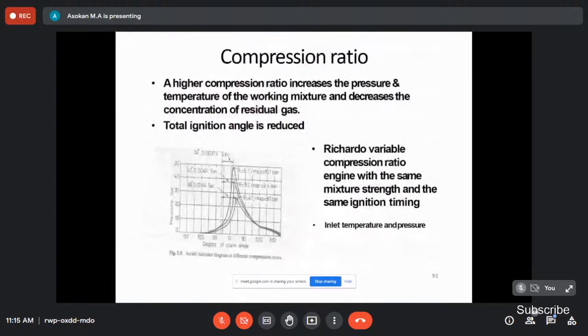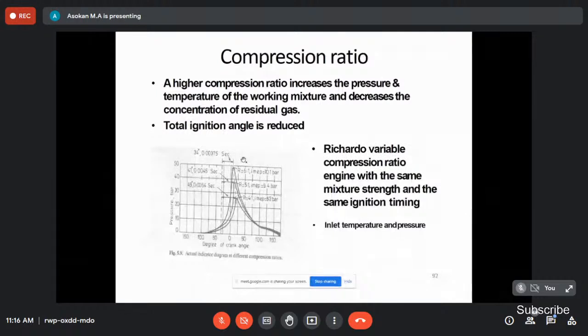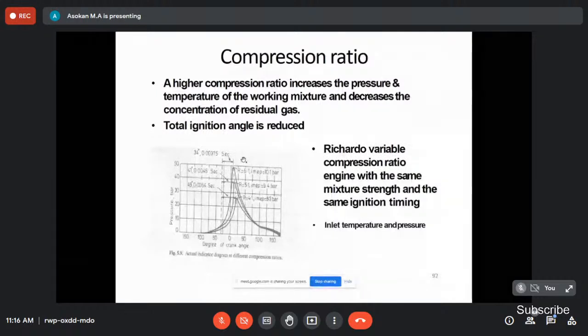And also, if you increase the compression ratio, again the flame speed increases, and the pressure also increases. See the compression ratio 6.1: the indicated mean effective pressure is 10.1 bar, and it takes 0.0037 seconds because of the higher compression ratio.